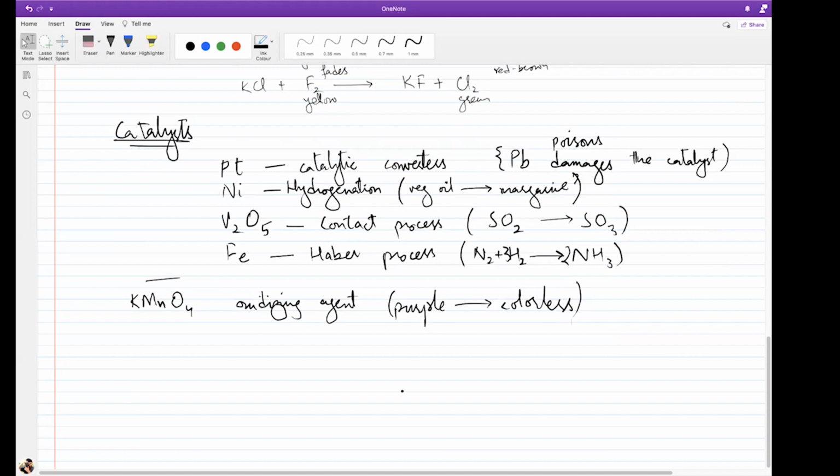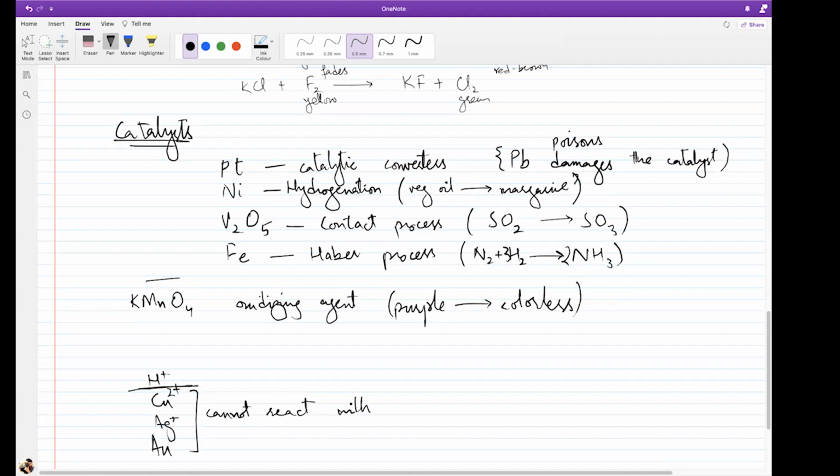The first one is that copper is less active than hydrogen ion. Okay. So hydrogen ion is above copper ion, silver ion, gold ion, which means that these all cannot react with acid which is dilute.